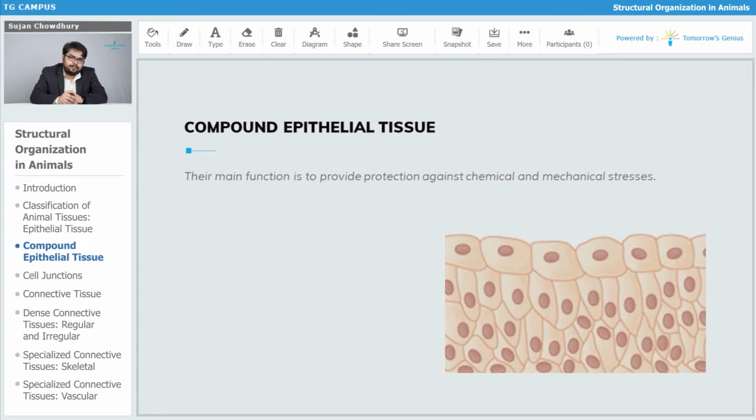Being multi-layered, they can create an insulation, a barrier, and protect the inner content of this tissue from stresses such as acidic or basic conditions, temperature, and some other sort of hazard.